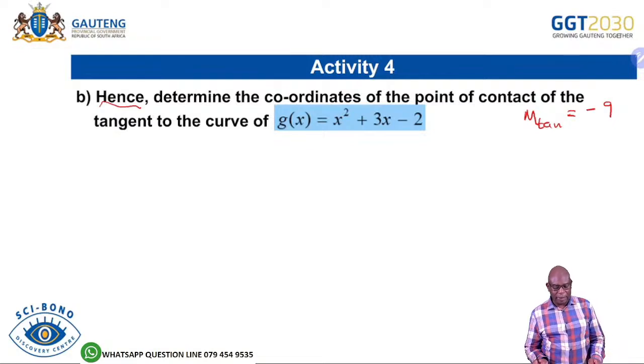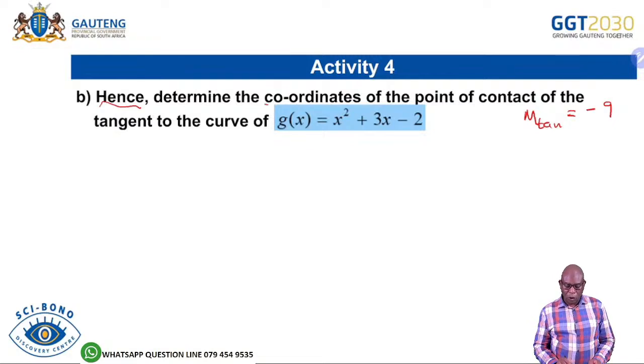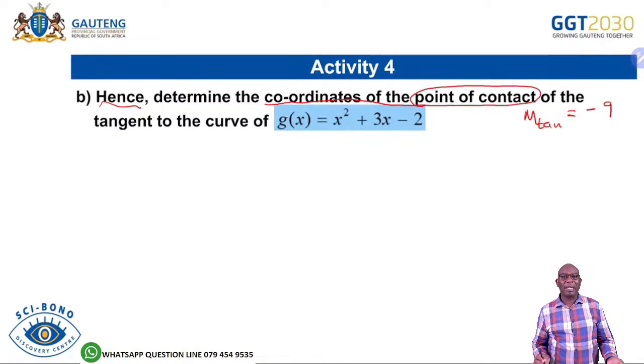It says hence determine the coordinates of the point of contact. It's more or less the same question as the one that we have done there, but now they've added something, perpendicular. If it was parallel, the gradients would be the same. In this case, it's perpendicular, so the gradients multiply to give you -1.